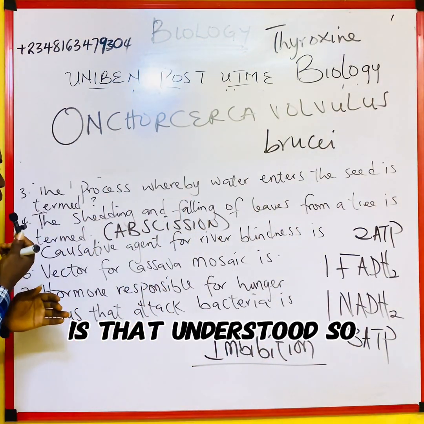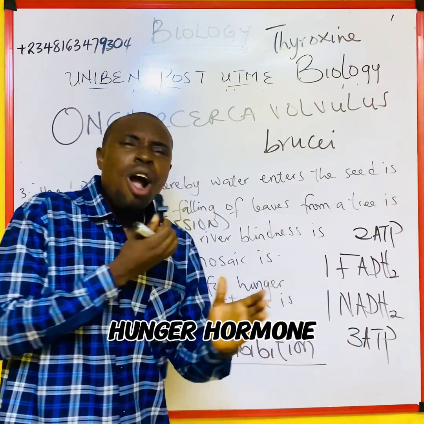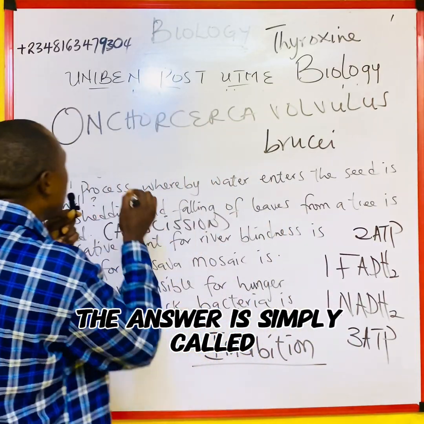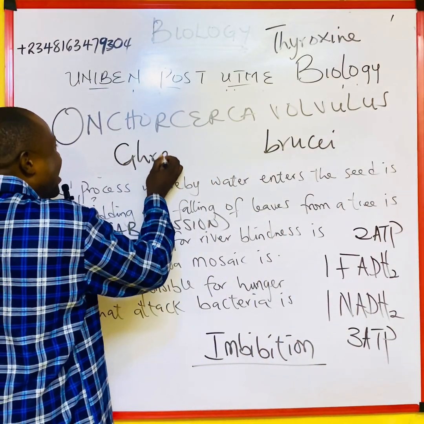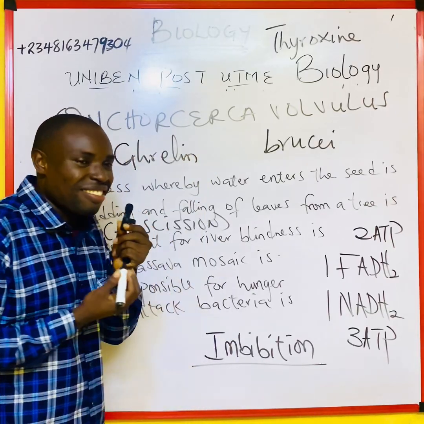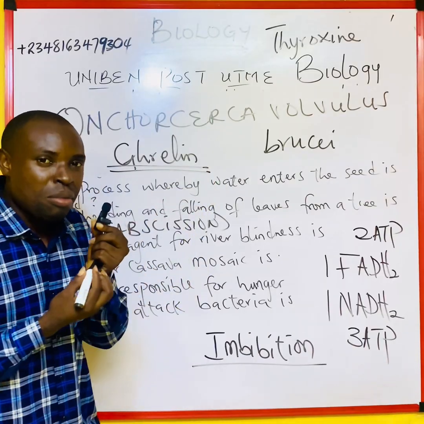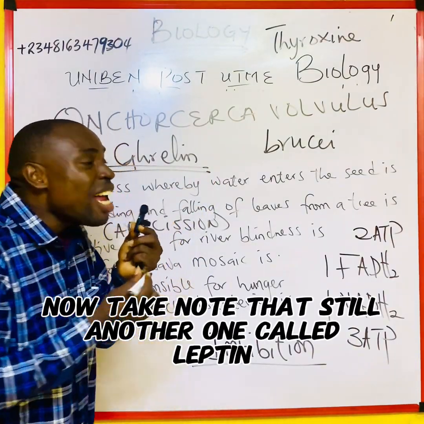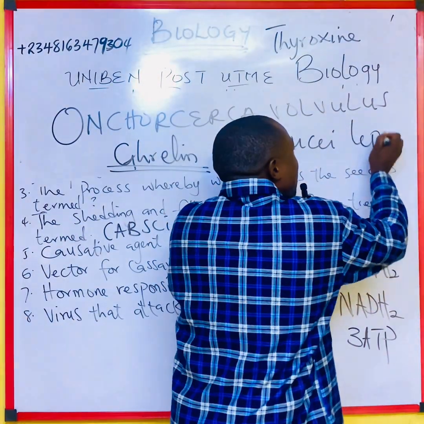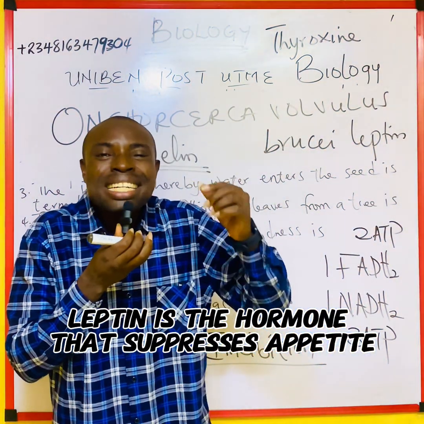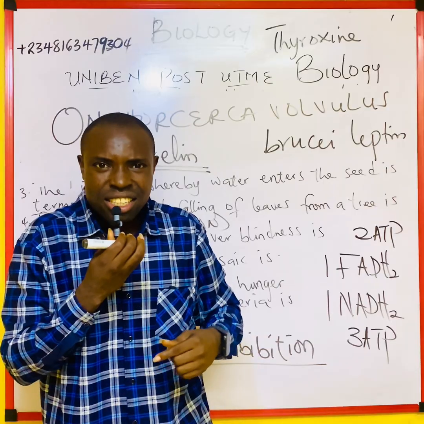Is that understood? So, the hunger hormone, the answer is simply called ghrelin. Ghrelin. That is the answer. Now take note, there's still another one called leptin. Leptin is the hormone that suppresses appetite.